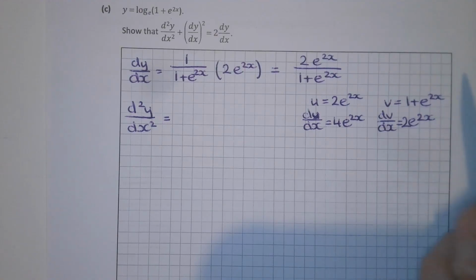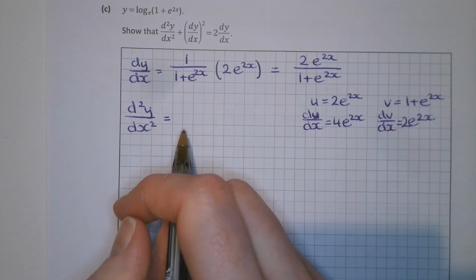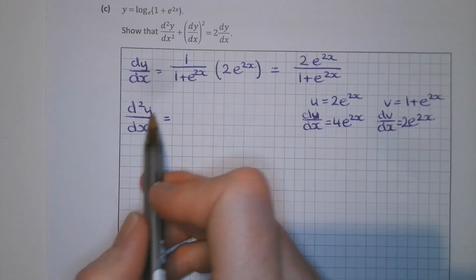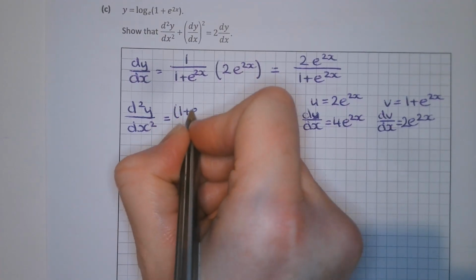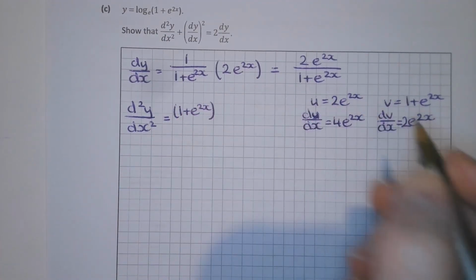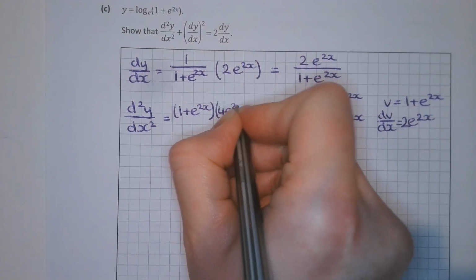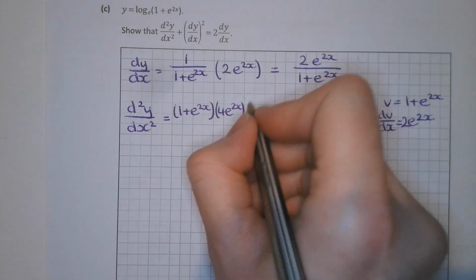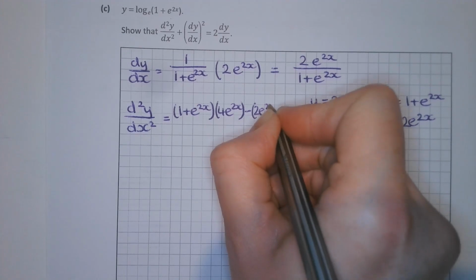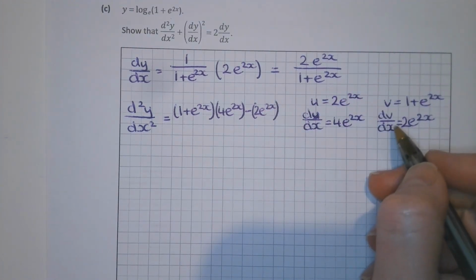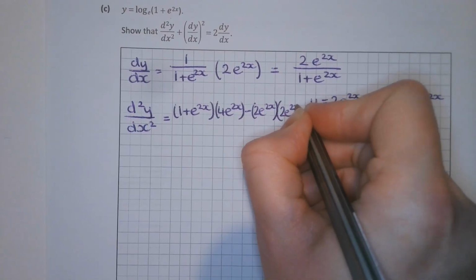So we're looking at using obviously our quotient rule on page 28 of your log tables book. So dy dx, or in this case d2y dx squared, will be equal to our v, which is 1 plus e to the power 2x, multiplied by our du dx, which is 4e to the power 2x, minus the u, which is 2e to the power 2x, multiplied by dv dx, which is again 2e to the power 2x.